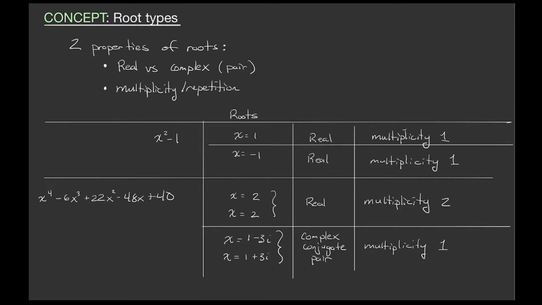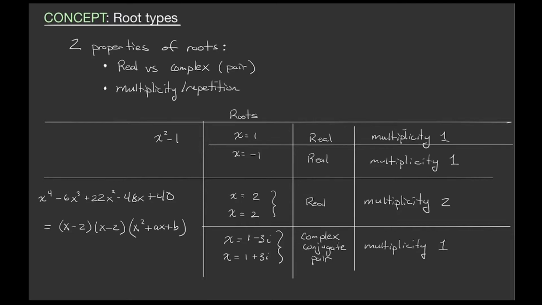In the second polynomial here, there are 4 roots. The root x equals 2 appears twice. It's a real root, but it has multiplicity 2 since it appears twice. What does that mean? You could rewrite this polynomial as x minus 2 times x minus 2 times some x squared plus ax plus b.